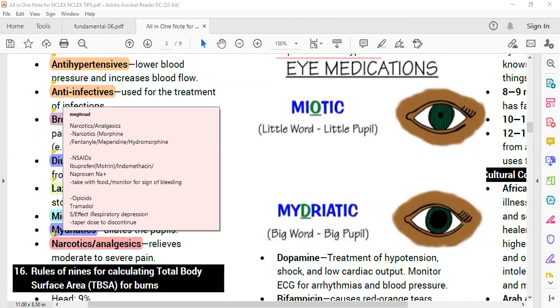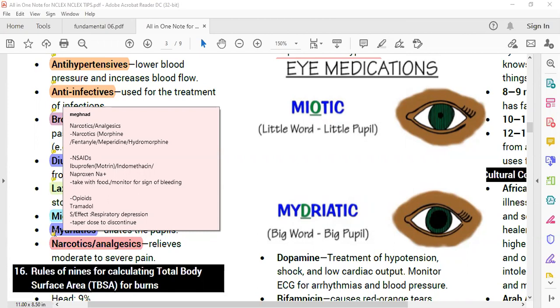Sometimes the patient develops constipation from long-time use, or nightmares may be a sign of overdose. If our patient has an opioid overdose, we give them the antidote called naloxone.